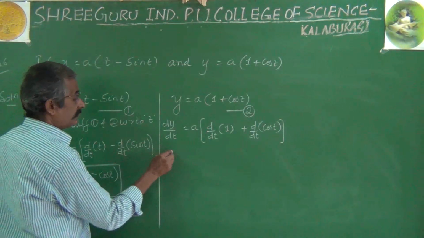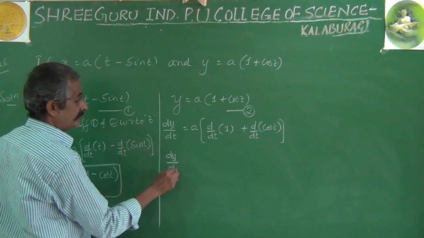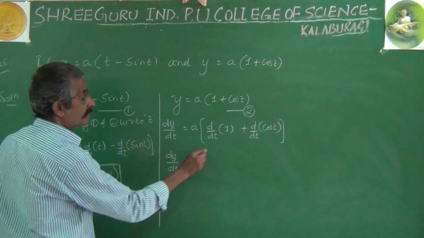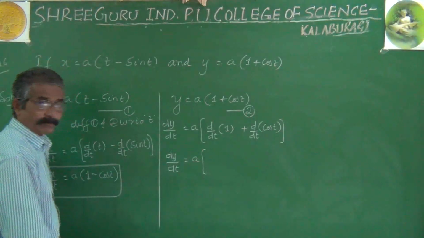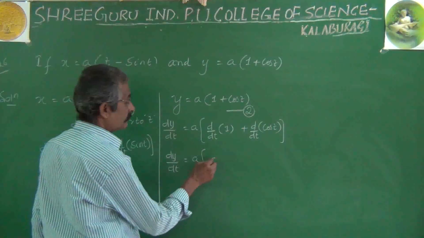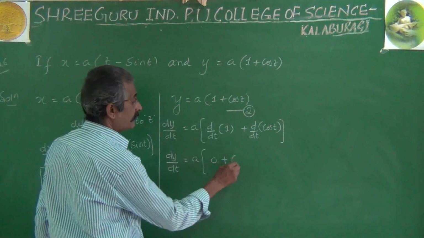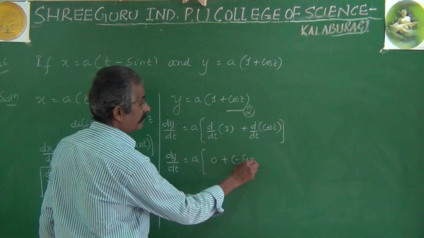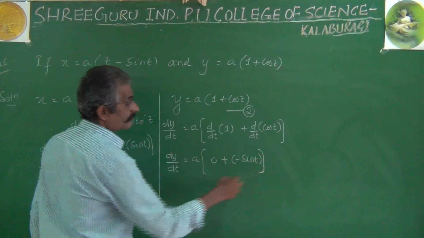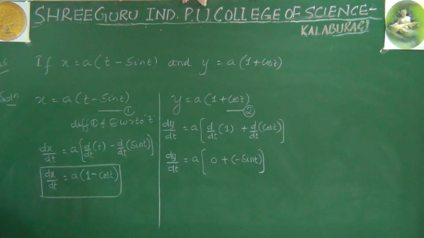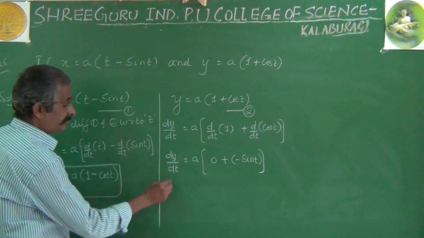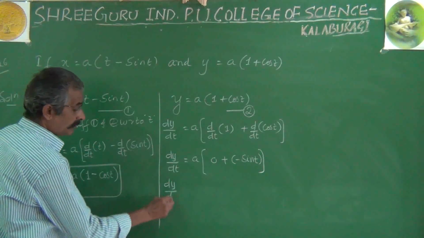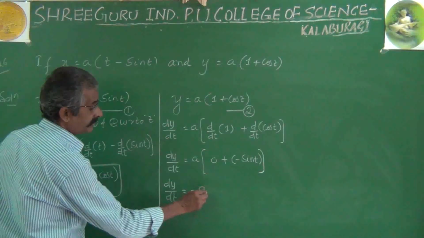Further, dy by dt equals a into differentiation of 1 with respect to any variable, it is 0 because 1 is constant, whereas differentiation of cos t is minus sin t. Hence, dy by dt equals overall result minus a sin t.